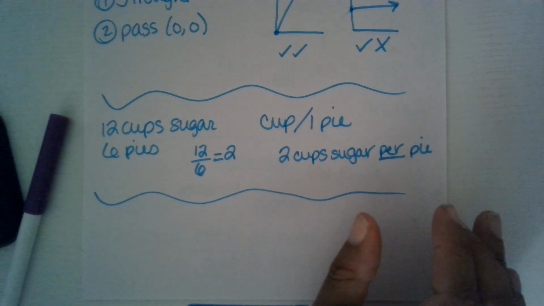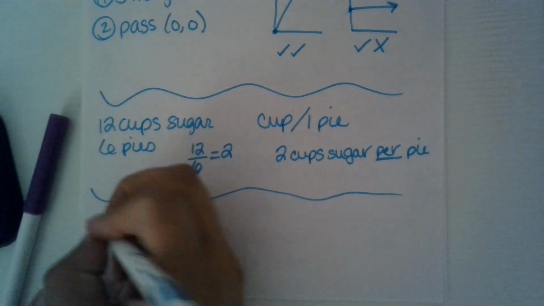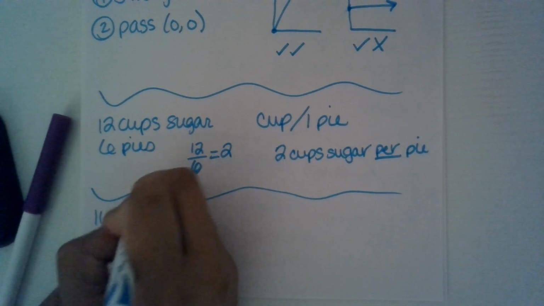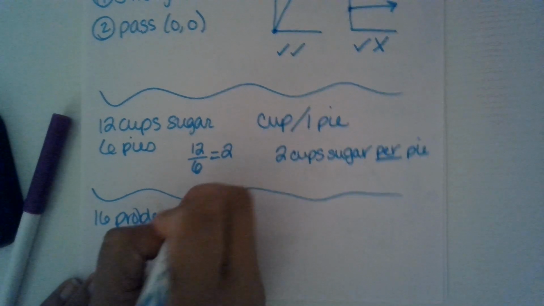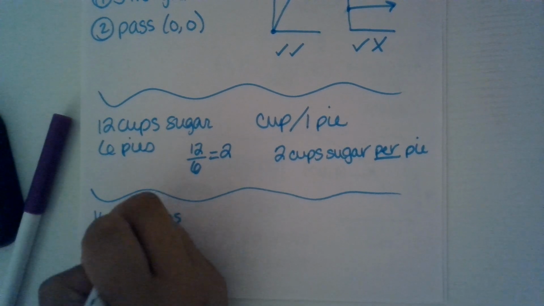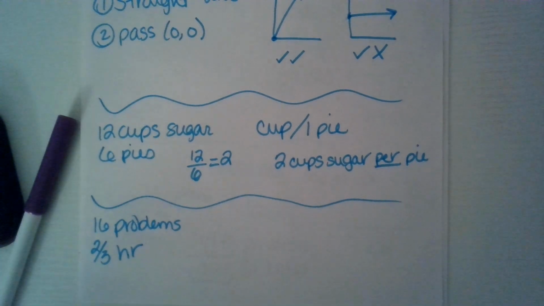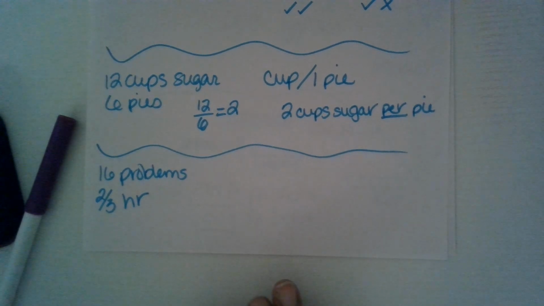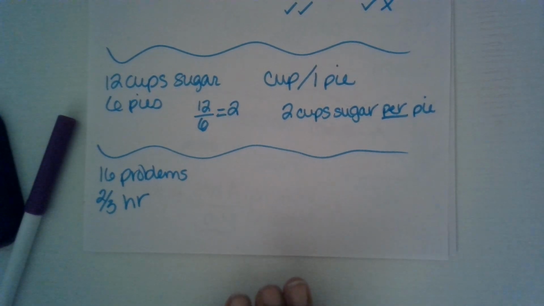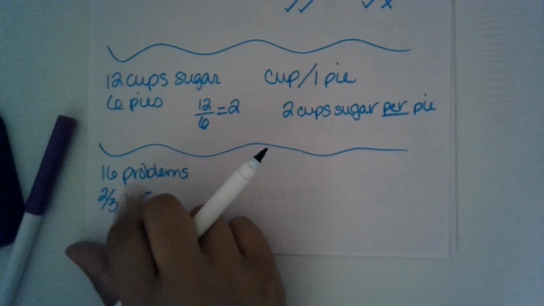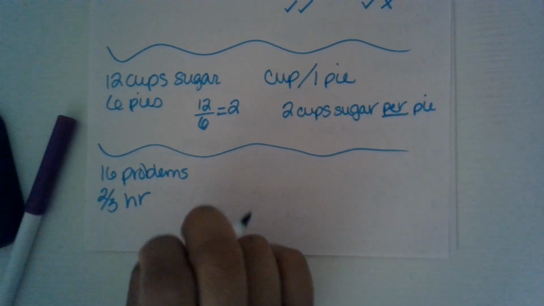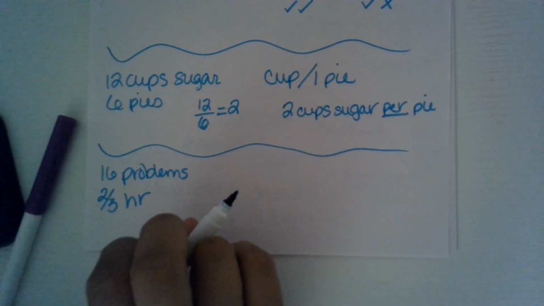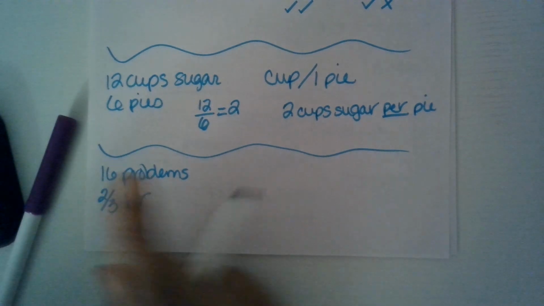Patty finished 16 math problems in 2/3 of an hour. Okay. So 16 problems in 2/3 of an hour. And I'm putting this together with somebody who was struggling with fractions, they said, with unit rate or COP. So this is a mix and match. So at this rate, meaning this needs to be written as a rate, how many problems can she complete in 1 full hour?